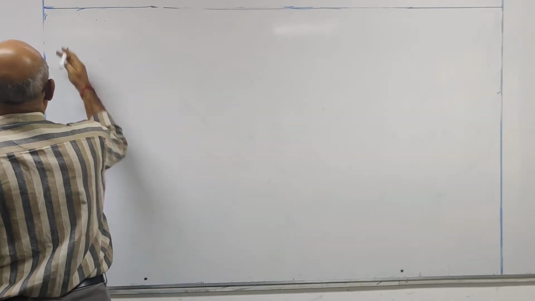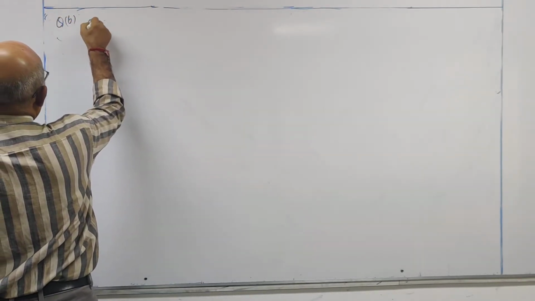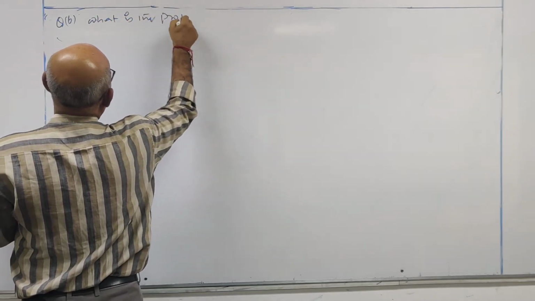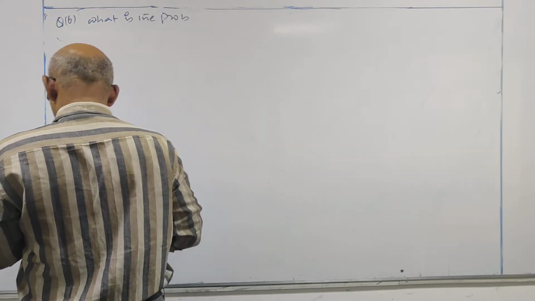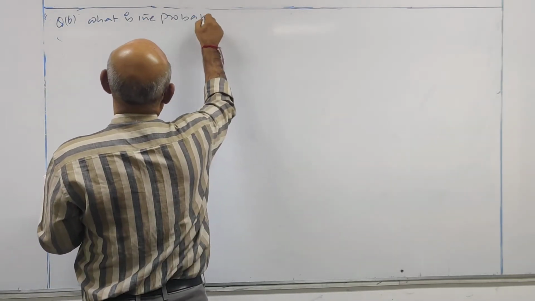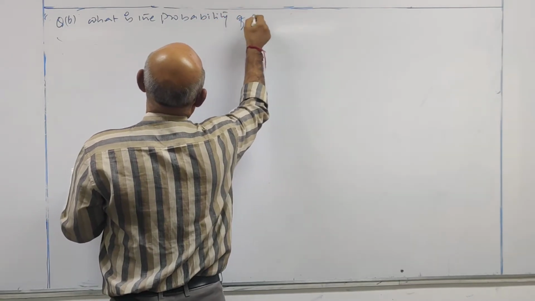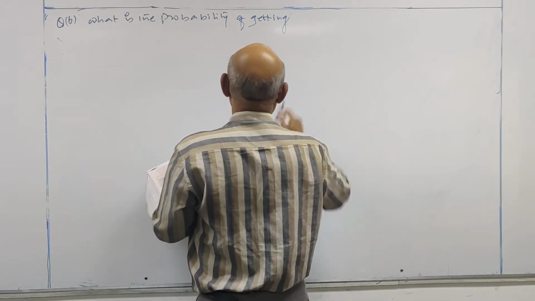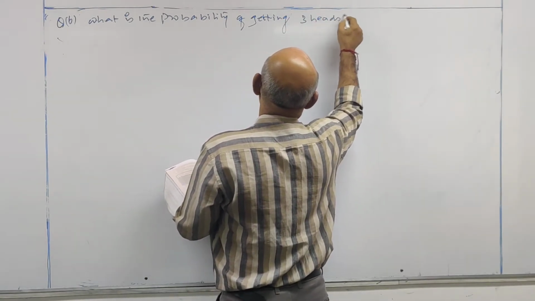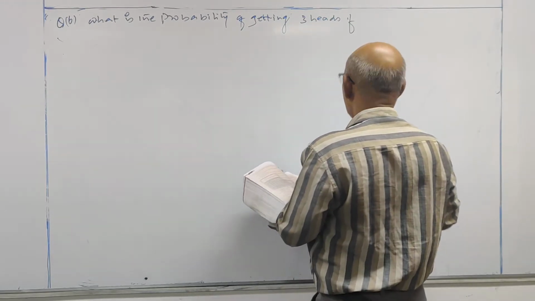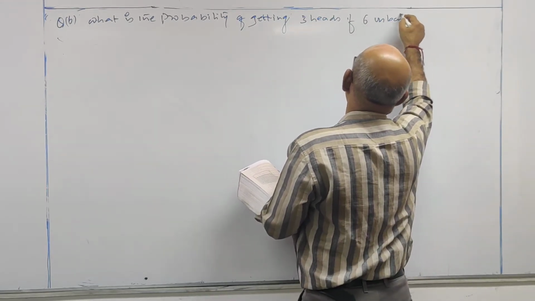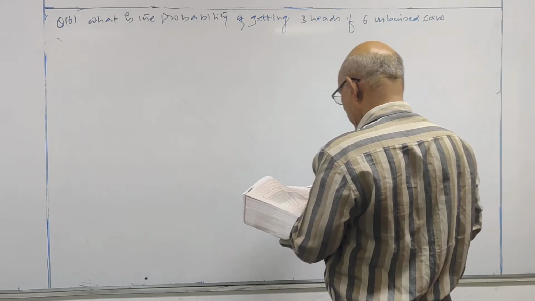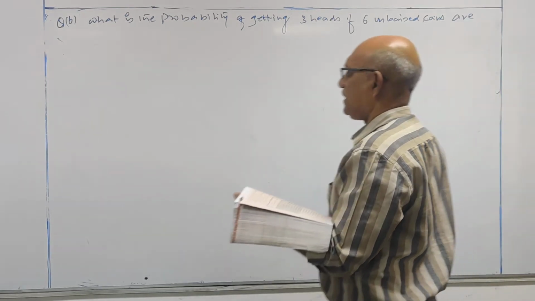Question number 6. What is the probability of getting 3 heads if 6 unbiased coins are tossed simultaneously?